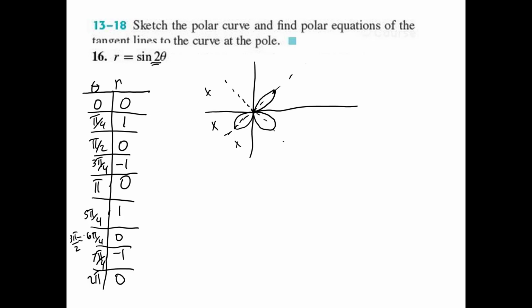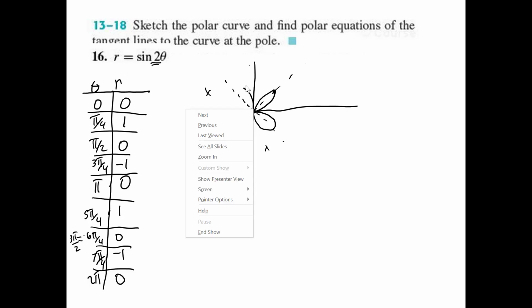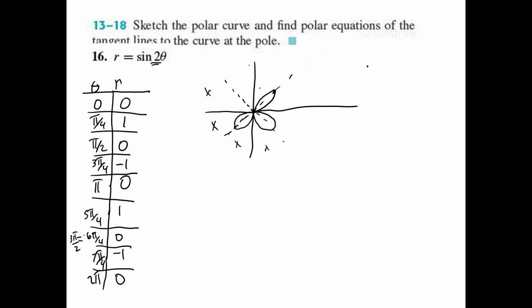But now, once I get past 3 pi over 2, instead of being in this quadrant, they're going to be over here. So we started with an r value of 0, go to an r value of negative 1, and then we come back here. And then at 2 pi, we're back at 0.